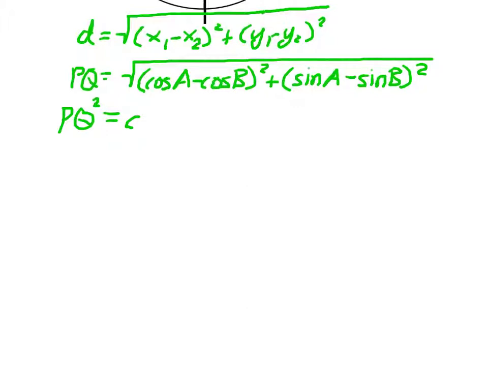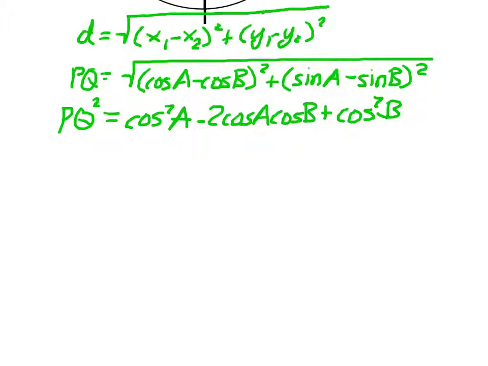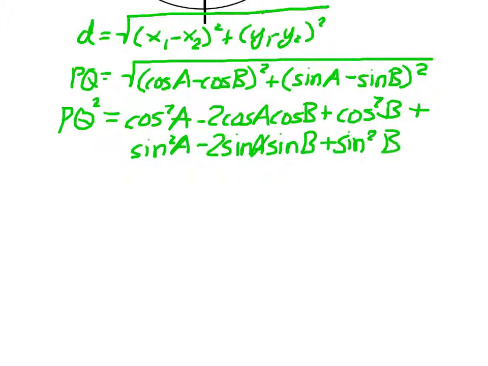So we're going to get cosine squared A minus 2 cosine A cosine B plus cosine squared B. That's just the first set of parentheses, and the second set of parentheses is sine squared A minus 2 sine A sine B plus sine squared B. So that's quite the expansion for the right side of the equation.